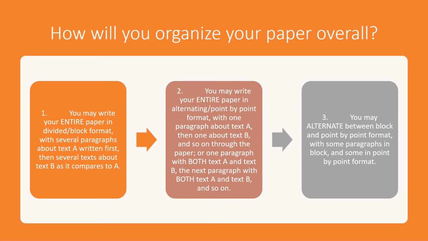How will you organize your paper overall, knowing these things now? Number one, you may write your entire paper in block format with several paragraphs about text A written first, then several paragraphs about B as it compares to A. Number two, you may write your entire paper in alternating or point by point format with one paragraph about text A, then one about text B, and so on through the paper, or one paragraph with both text A and text B, the next paragraph with both text A and text B, and so on.